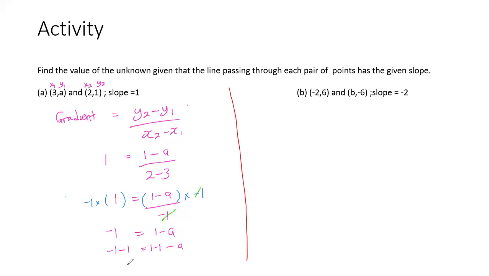That's negative 2 equal to negative a, and we divide by the negative. So a will be equal to 2. Thank you, that is good. So that's how we attempt such numbers of that nature.